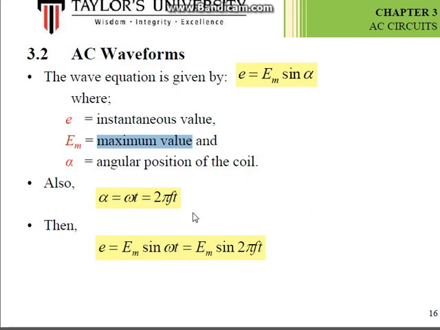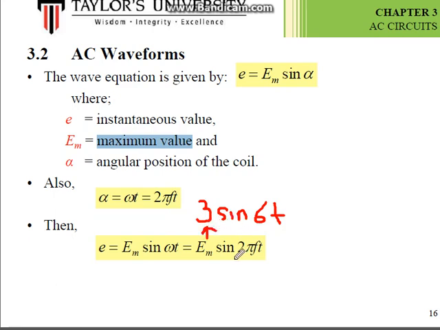So for example, if you have e equals 3 sine 6t, this is just an example. Let's say this is the question given to you, then you know that your Em, or your amplitude, is actually 3.